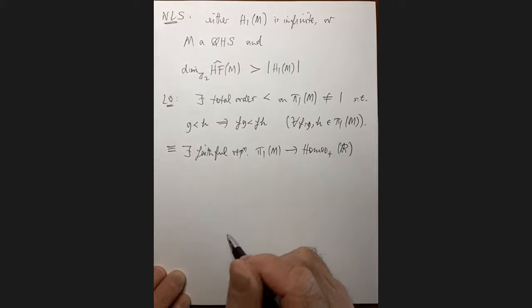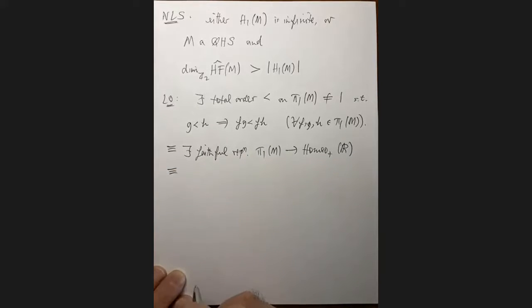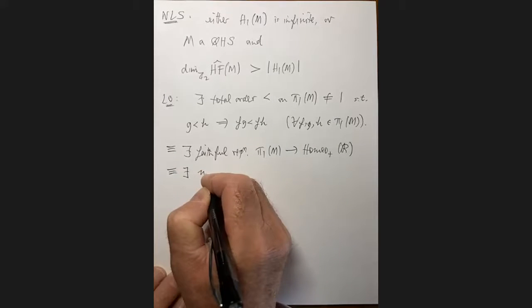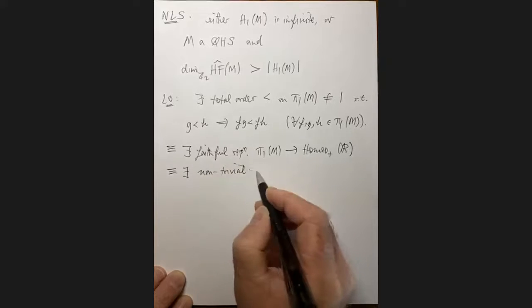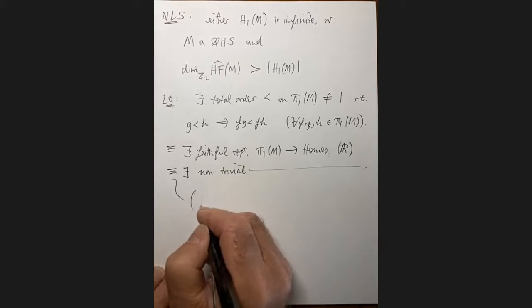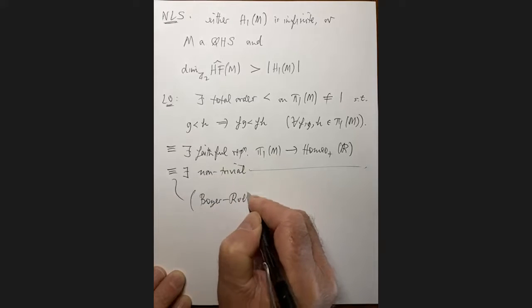For prime three-manifold groups, there's actually a much better equivalence, namely that there exists a non-trivial representation into homeo-plus of the real line. And this equivalence is due to Boyer, Rolfsen, and Wiest.